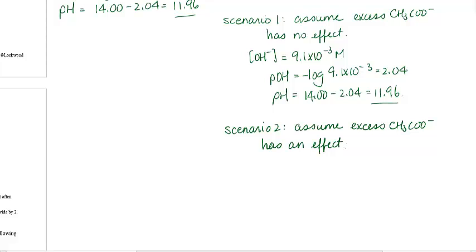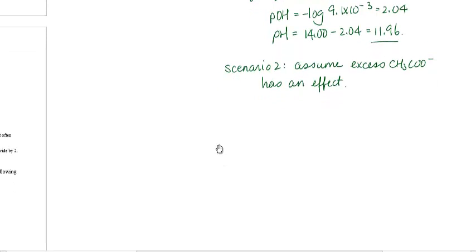If this is the case, there is going to be a reaction whereby the acetate is going to produce new OH ions. So we have to write our equation in the following way. CH3COO minus is going to react with water, and it's going to be in equilibrium with the acid, CH3COOH, plus the OH minus.